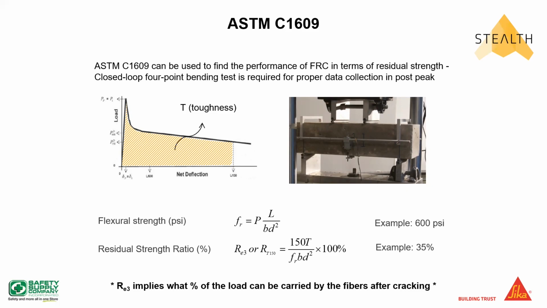This is more what's actually happening in the field with the concrete when it's placed. Again, simply supported, it's loaded, as you see in the picture on the right, and tested to 3 millimeters of deflection, just like what we talked about. ASTM C1609 deals with the RE3 value, the residual strength value.